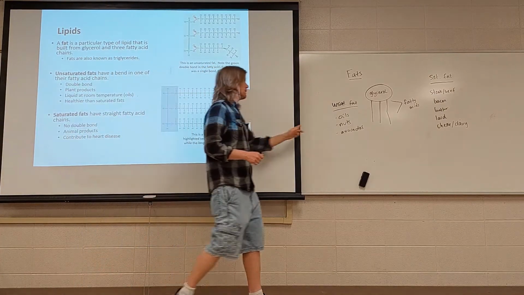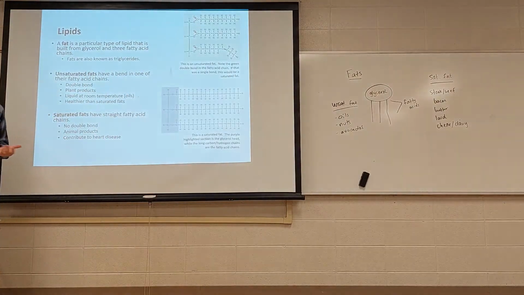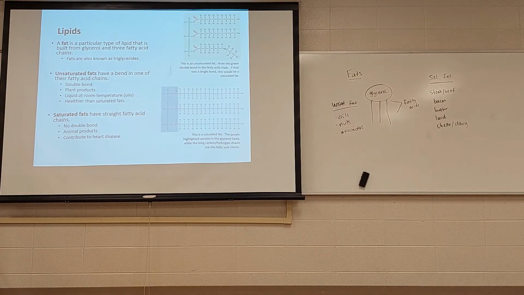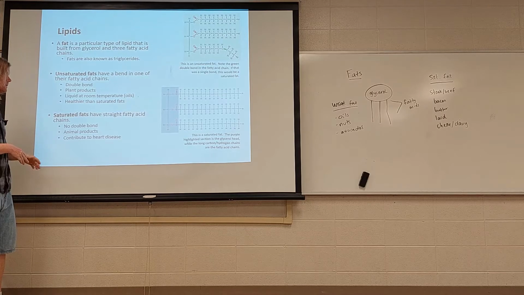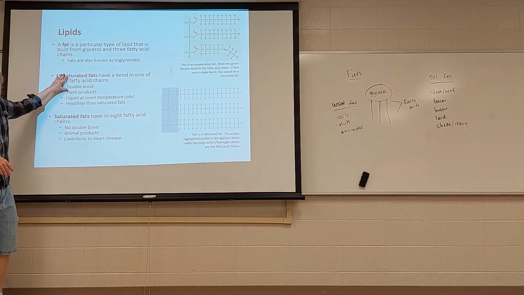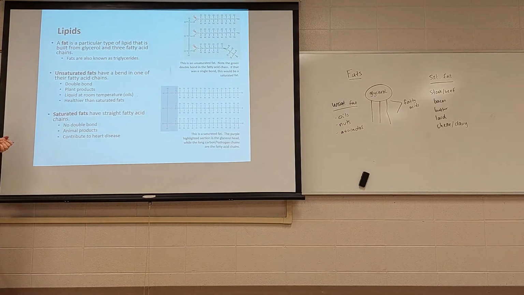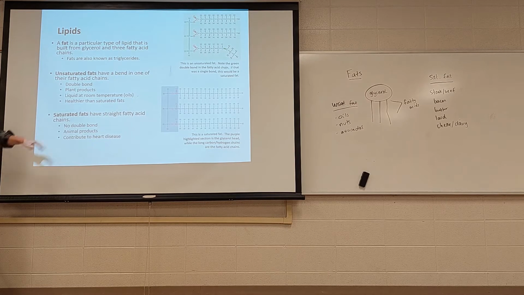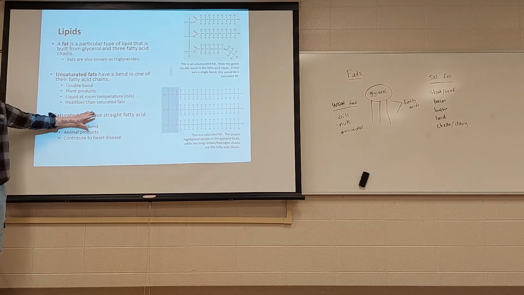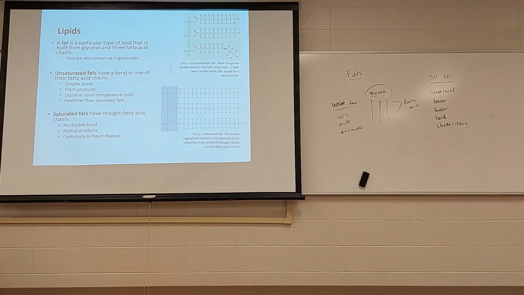I know nuts and avocados obviously are not, but the oils that are the unsaturated fat are liquid at room temperature. These are healthy. These are the quote-unquote good fats that you want. Yeah, all fats can be healthy in moderation. Just saturated fat, you want to avoid a large amount of that.